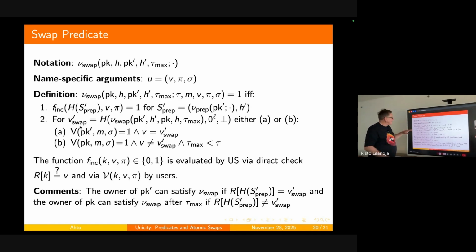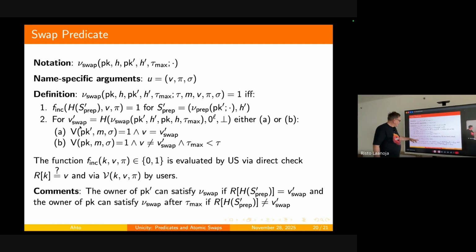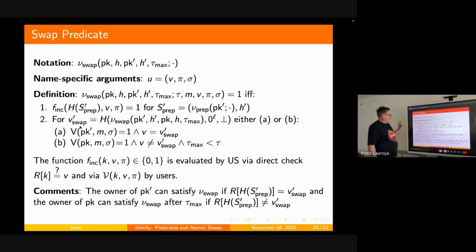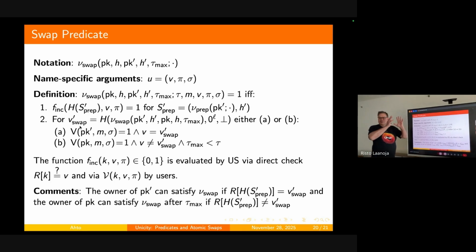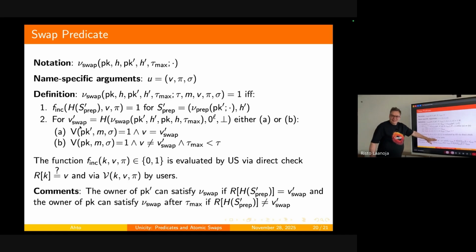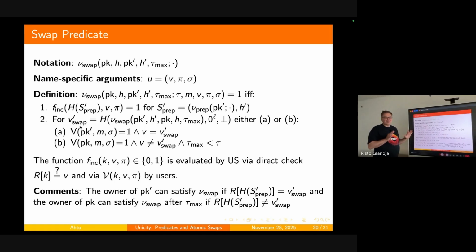So it's sufficient for the Unicity service to just do a direct check, completely ignoring the pi. At the user side, however, we don't have this registry available, so we have to rely on this verification function. And we can show that it doesn't matter. Everything works correctly if the Unicity service and clients evaluate this predicate in different ways.